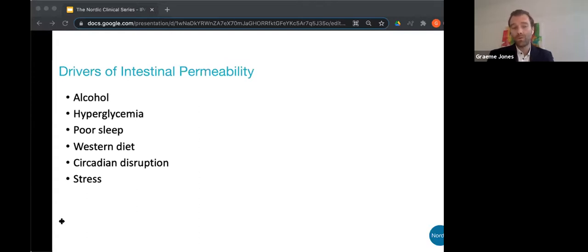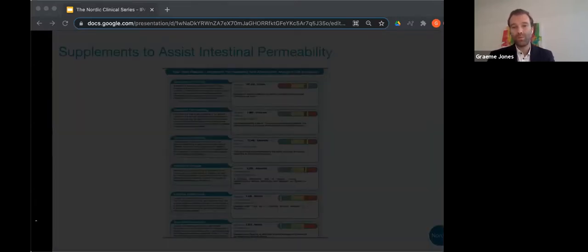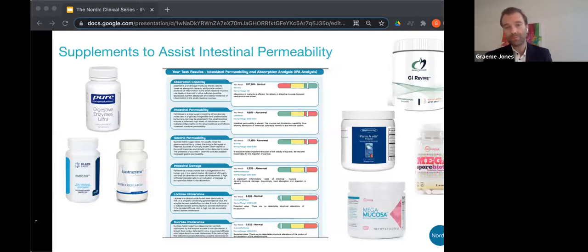But you may want to use these really early markers, like a continuous glucose monitor, way early to look at metabolic health, because they could be having quite high reactions to certain foods.